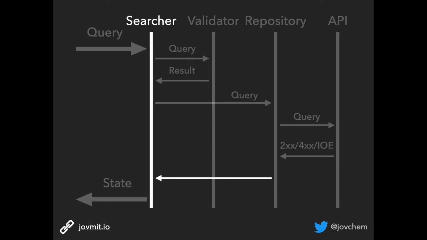So the validation, call to the repository, to the API, and all that conversion if we need to do, and so on, will have to happen in that thread. And then ultimately, once we have the state ready to be rendered, before sending it back to the UI, we have to switch again to the UI thread and eventually send it to the state.